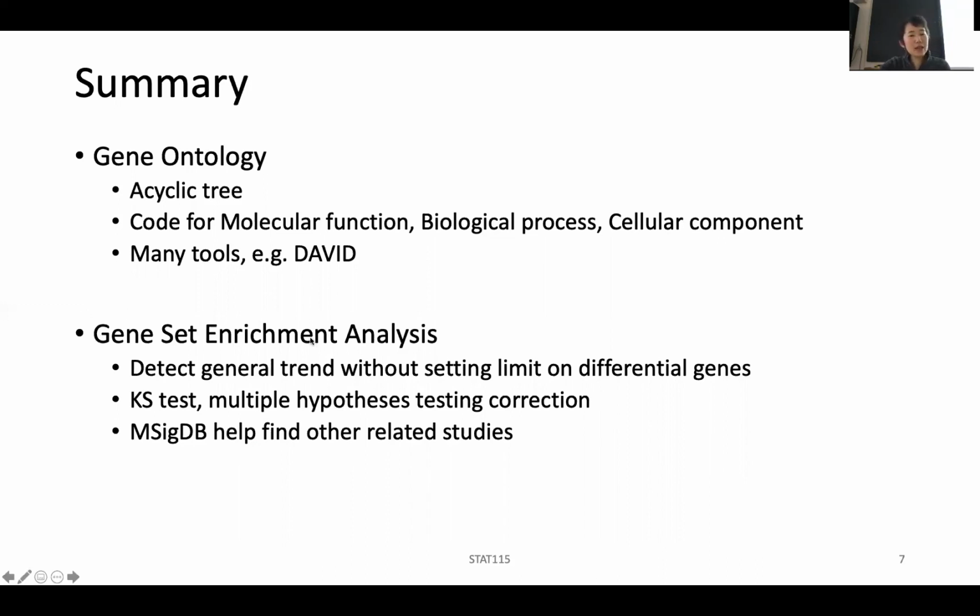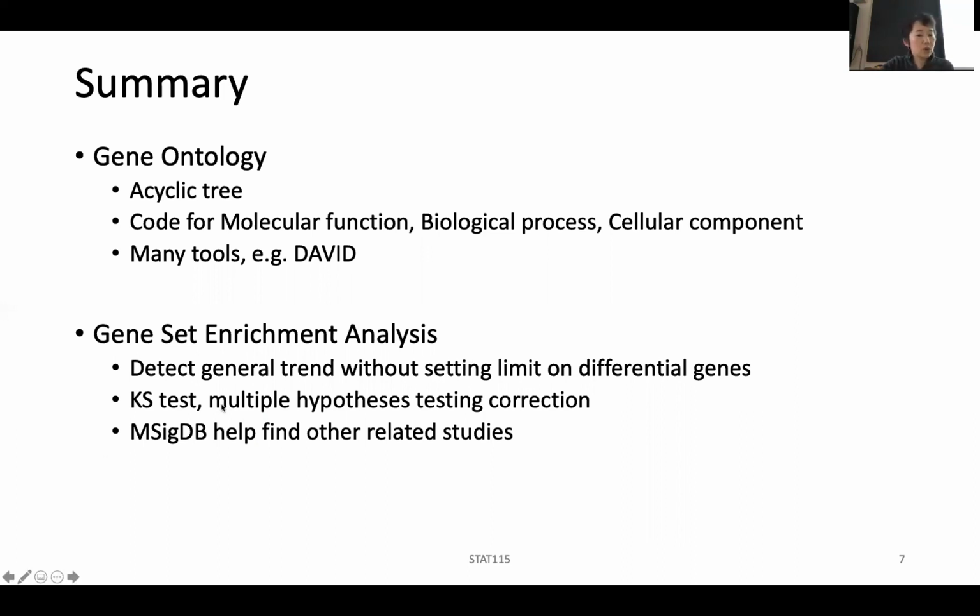And then gene set enrichment is you don't really decide what group of genes to use. You just give it a whole gene order. And then you can use it to detect a general trend without setting the limit on where to cut off differential genes. And it uses this Kolmogorov-Smirnov non-parametric test to see whether genes predefined are enriched in your upregulated genes or enriched in your downregulated genes.